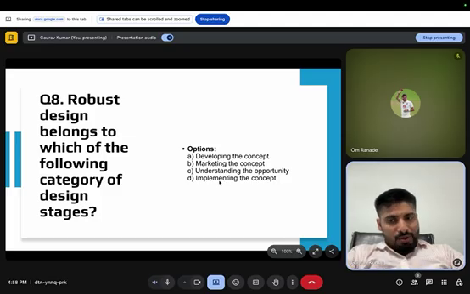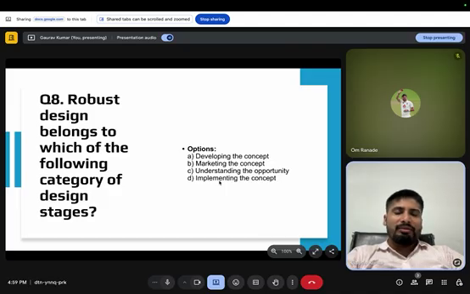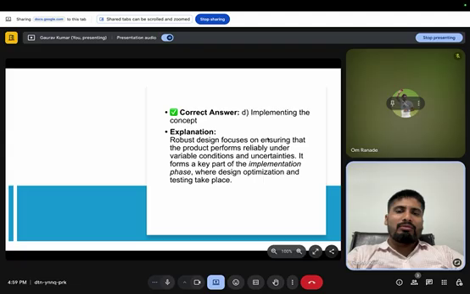Okay, so in week 12, robust design symbolizes the completion of the design cycle, translating the evaluated concepts into dependable solutions that sustain performance over time, and it closes the loop from concept selection to validated implementation. Okay, so the correct answer for this question is implementing the concept. Now those who are watching this video later, kindly go through this slide.